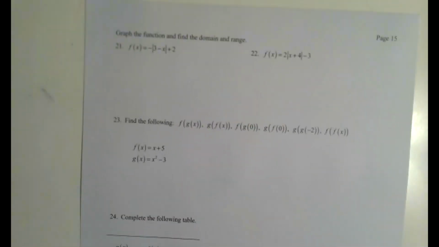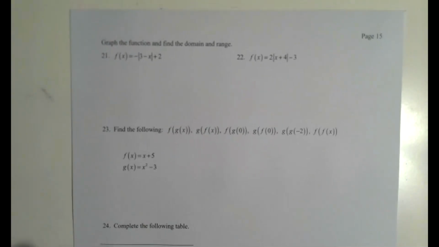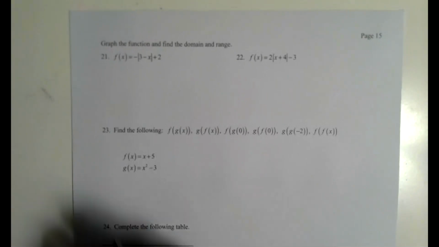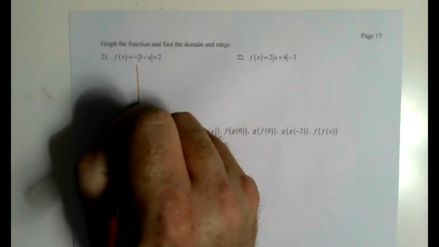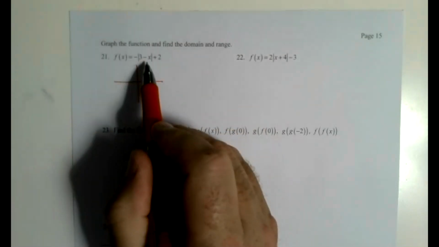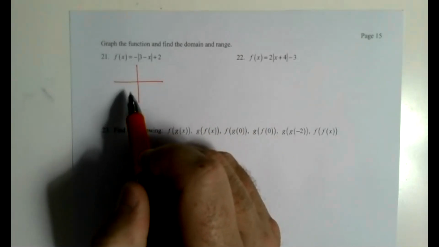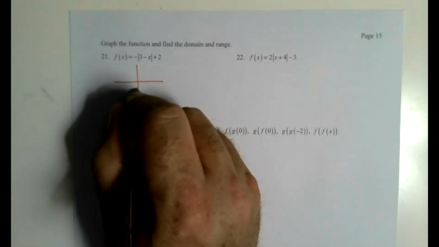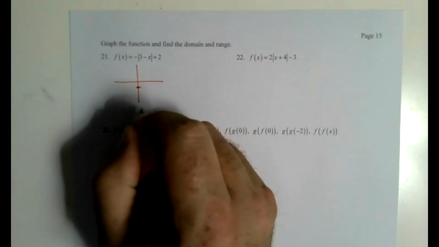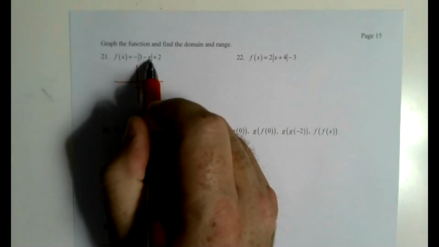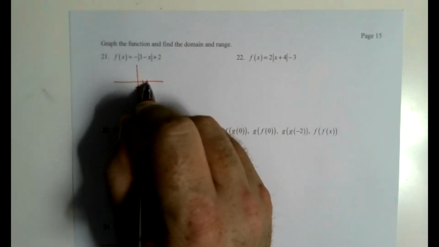And then graph the function and find the domain and range. Well, we've been doing a lot of this, haven't we? All right. Plug in 0. It's here at -1. Plug in 3. It's at 2.